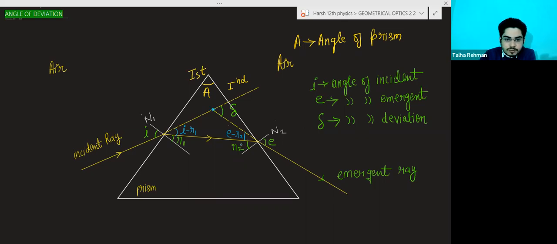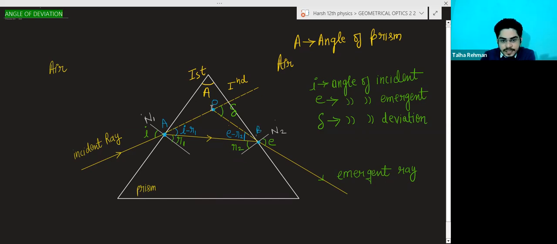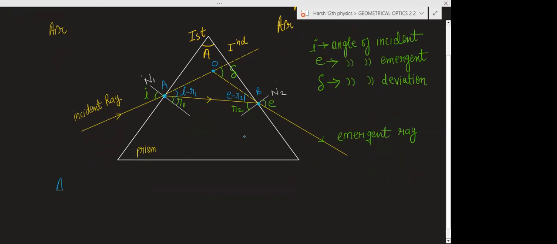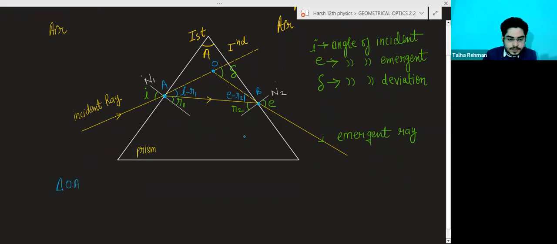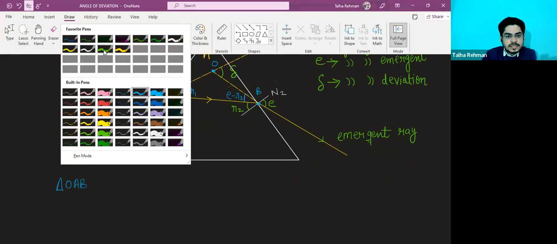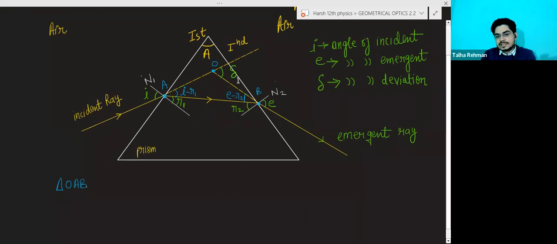Now suppose this point as O, this point as A, and this point as B. So see the triangle OAB. In triangle OAB, this delta is the exterior angle, and I minus R1 and E minus R2 are the opposite interior angles.